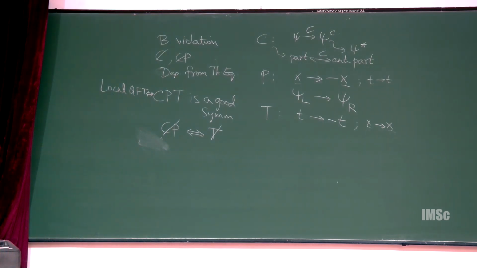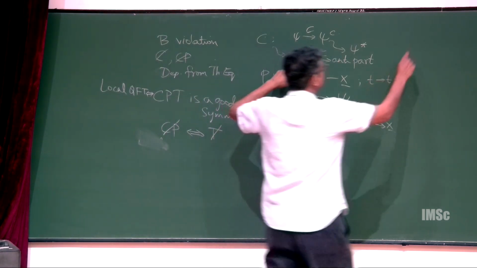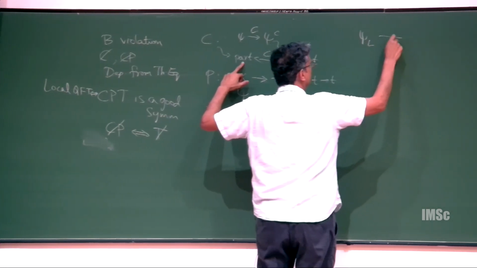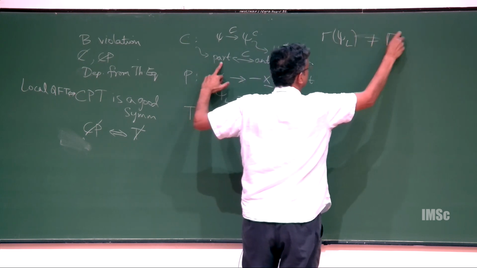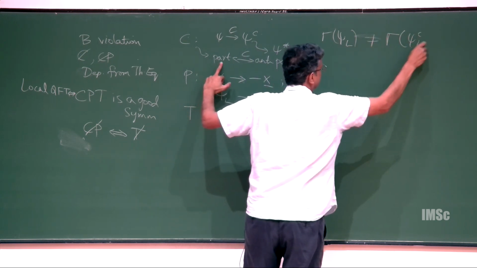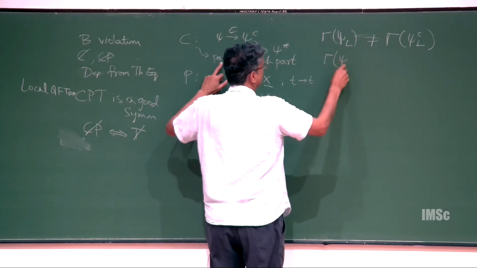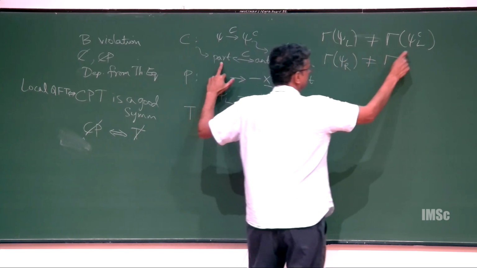But CP is a bit subtle because, as I said in that example, you could have C violation, so you can have the rate for psi L not equal to the rate for psi conjugate L, and psi R not equal to its conjugate.